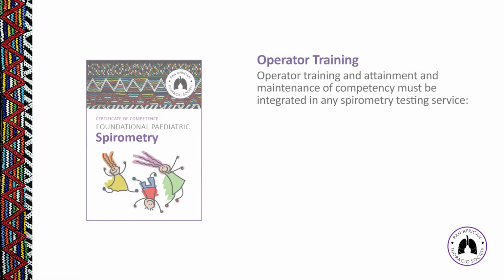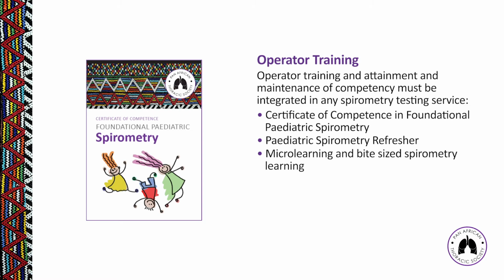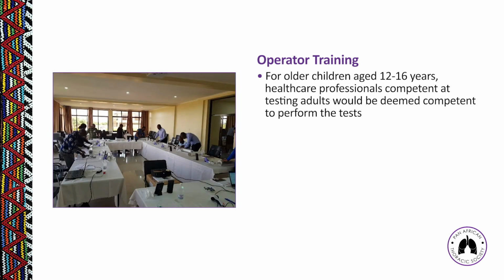So when it comes to technician training, we want all the technicians to be trained and to have a certificate of competence in spirometry. So we want them to undergo refresher spirometry, and they can from time to time take microlearning or bite-sized bits of spirometry training to keep their skills and their interest in the subject up. So for older children aged 12 to 16 years, healthcare professionals competent at testing adults would be deemed competent to perform the tests.